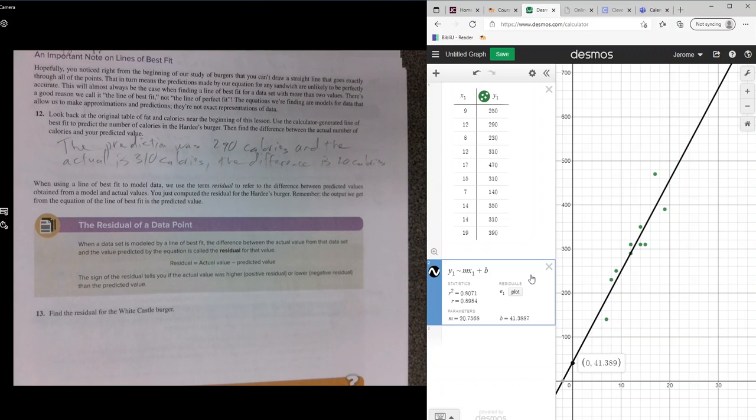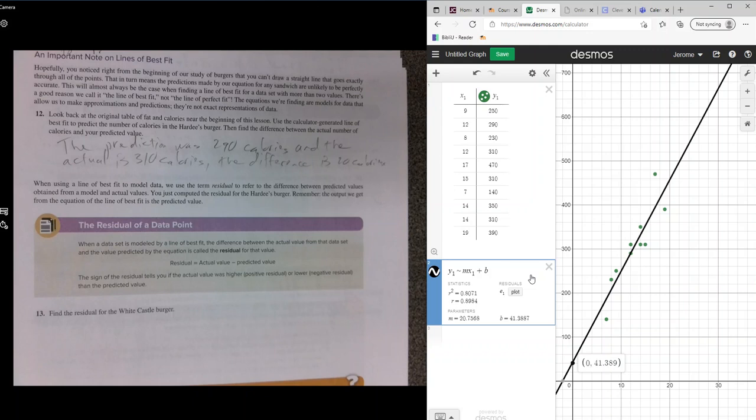So when a data set is modeled by a line of best fit, the difference between the actual value from the data set and the value predicted by the equation is called the residual for the value. So residual is equal to actual value minus predicted value. The sign of the residual tells you if the actual value was higher, a positive residual, or lower, a negative residual, than the predicted value. Find the residual for the White Castle burger.